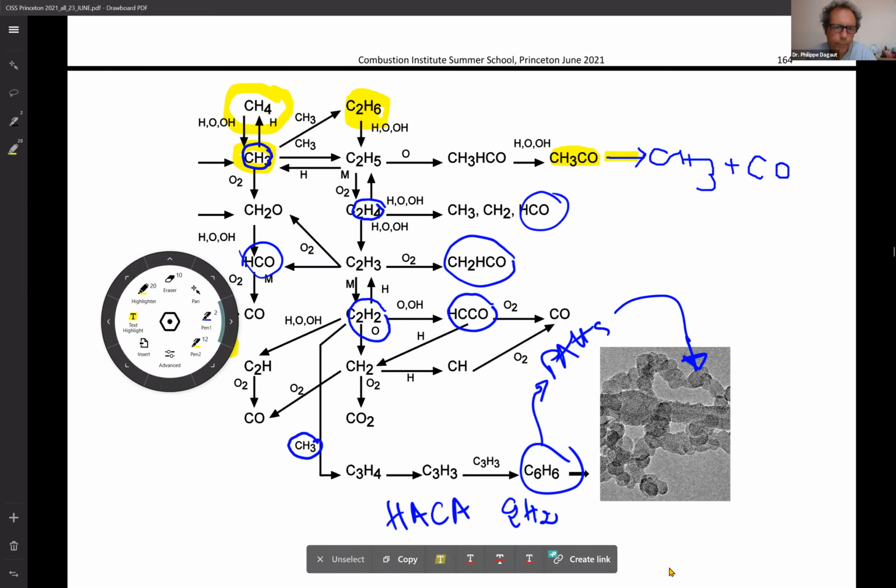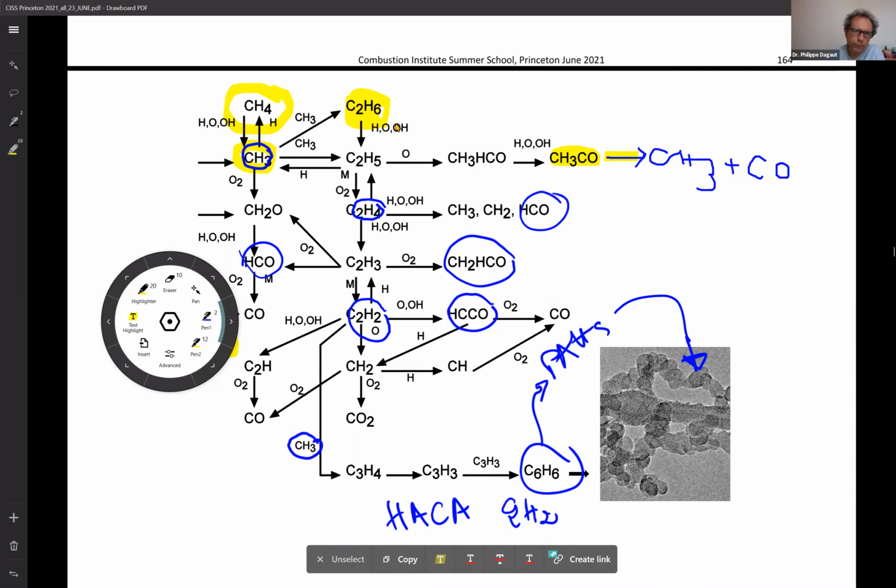So even if methane or natural gas overall are very clean fuels, there is the possibility to produce PAH and soot from their combustion, depending on the conditions.